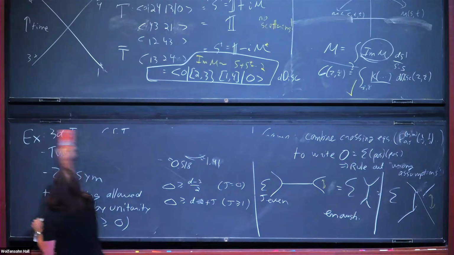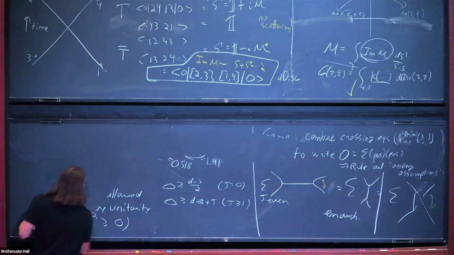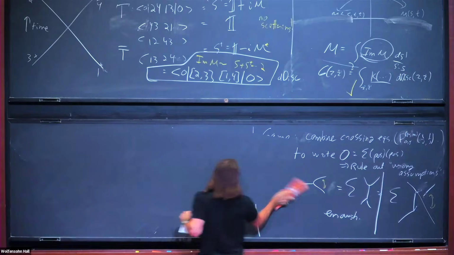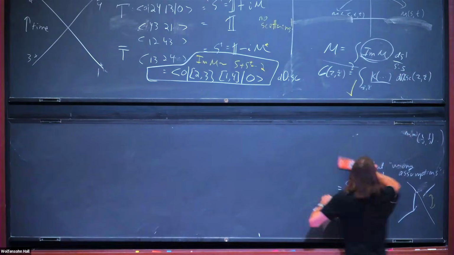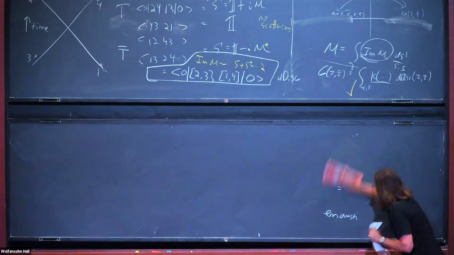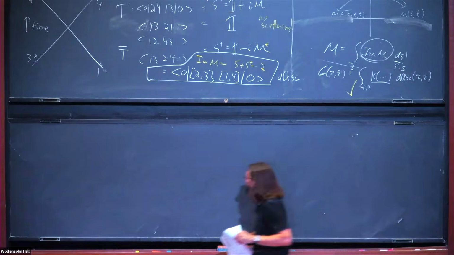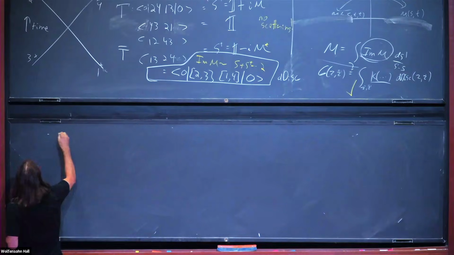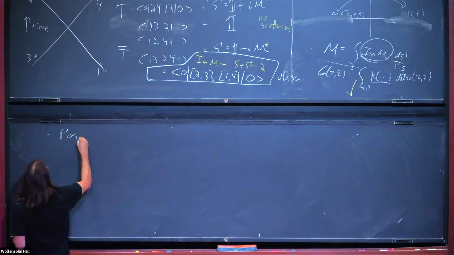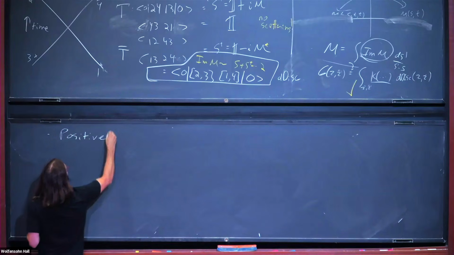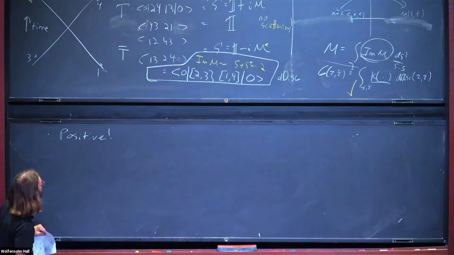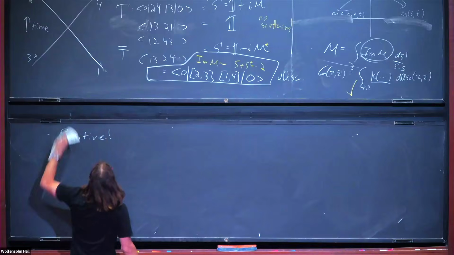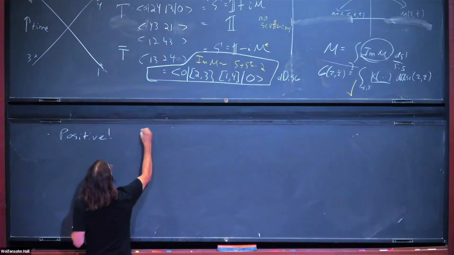So it actually has very nice properties. Just like the imaginary part of the amplitude in scattering theory is positive, this commutator square is positive. And when you write its OPE in the 1,4 channel, you get something like this.